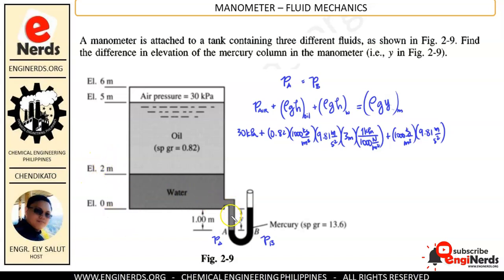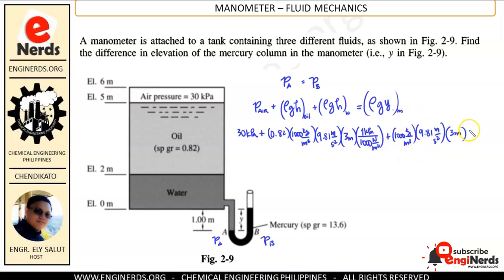But our water extends until our point here. So this is equal to 1 meter. So therefore, our height of water is from this point until this point, which is equal to 2 plus 1 meter. So this is equal to 3 meters. Okay? And then we will convert this into kilopascal. No?